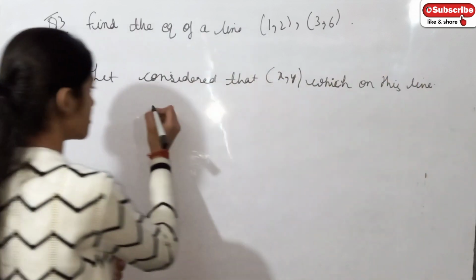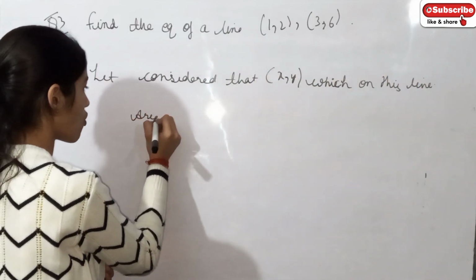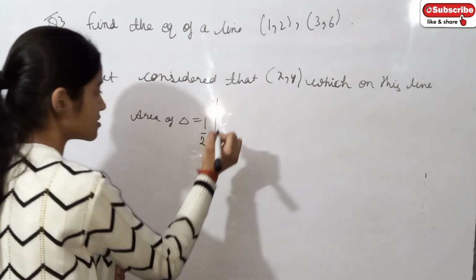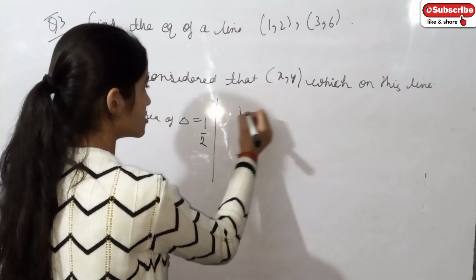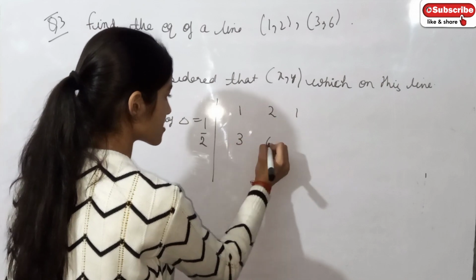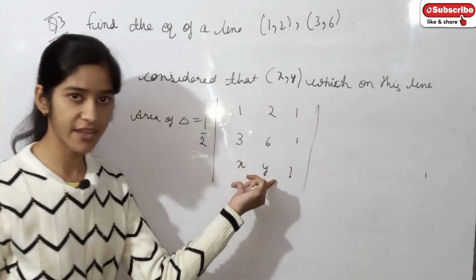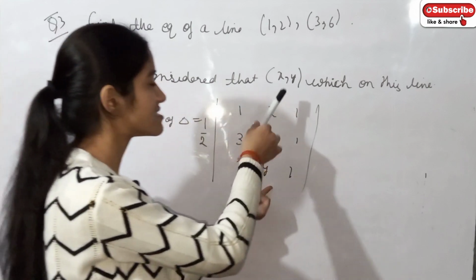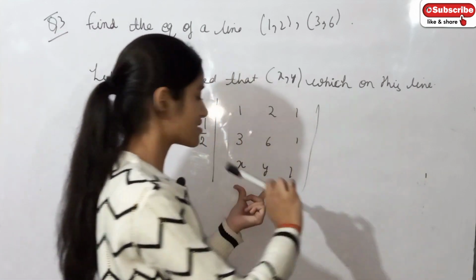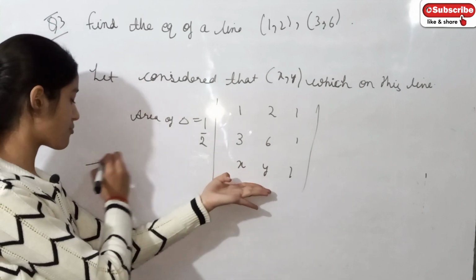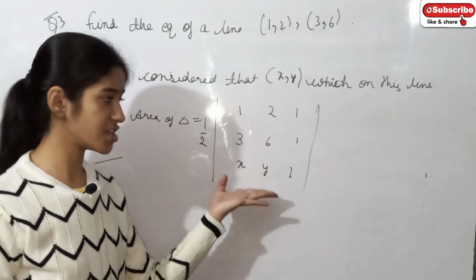So we get the area of the triangle formed by these 3 vertices: 1, 2, 1; 3, 6, 1; and x, y, 1. Why have we written x, y here? Because we have considered that x comma y lies on this line. It means the area formed by them, which we get, is 0.